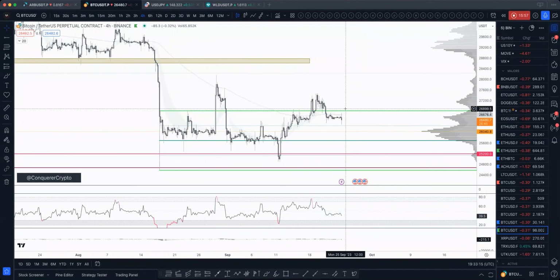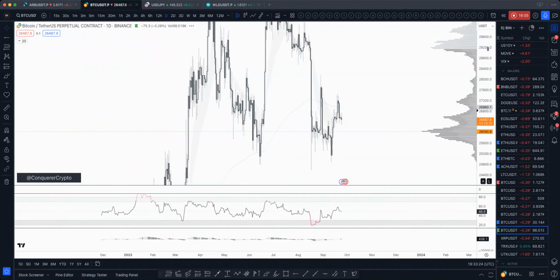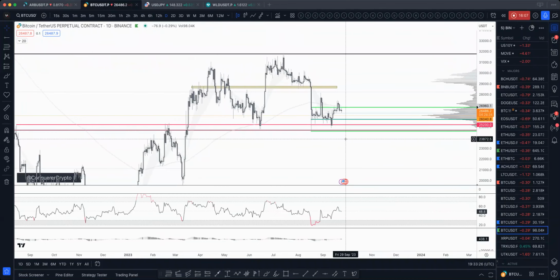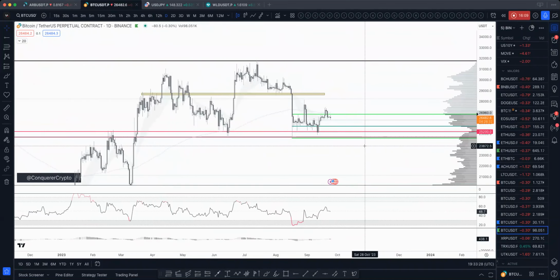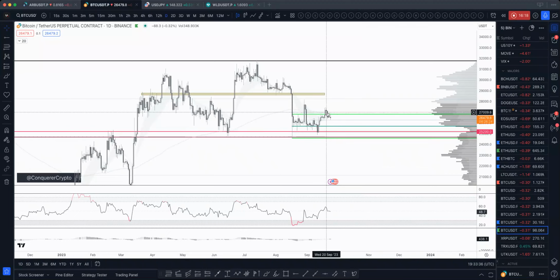That's why we need to be acting on what we see, and what we see right now is not bullish. I know some of your favorite CT accounts are calling, I'm gonna buy your bags, and all this bullshit. It's nice for engagement, but in reality I don't see that strength.